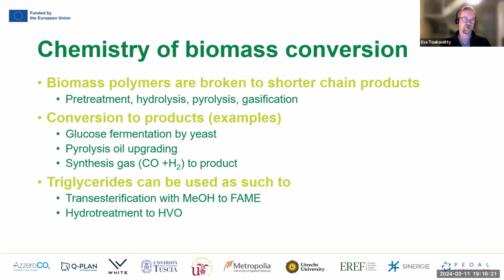So that's also breaking the polymer chains into smaller pieces, or it can be done using temperature, high heat. So we can pyrolyze, and pyrolysis breaks the biopolymers into different, quite many products.